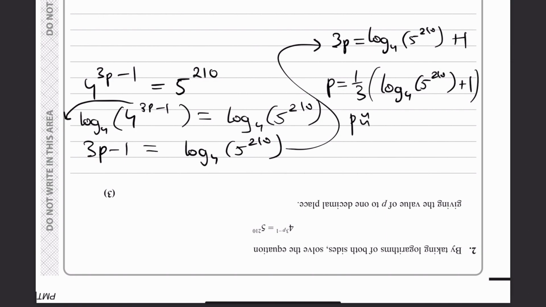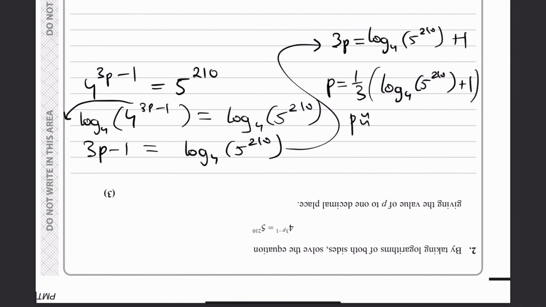Hang on, I feel like this may give me a maths error because 5 to the 210 is going to be a massive number. Yeah, it has given me a math error, so I cannot do that. Let's do this another way.